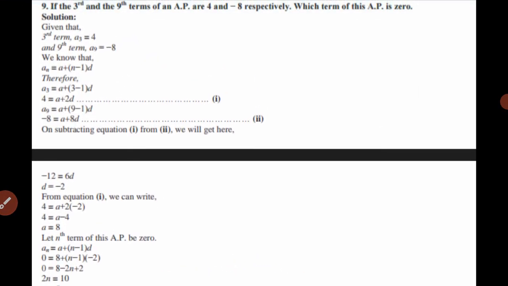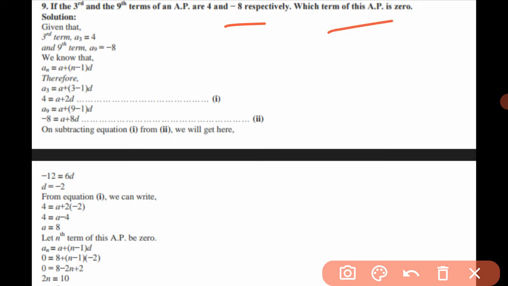Now after this, see the next question, question number 9. If the third and ninth terms of an AP are 4 and minus 8 respectively, which term of this AP is 0? So we have to find which term will be 0, so we will take an equals 0.